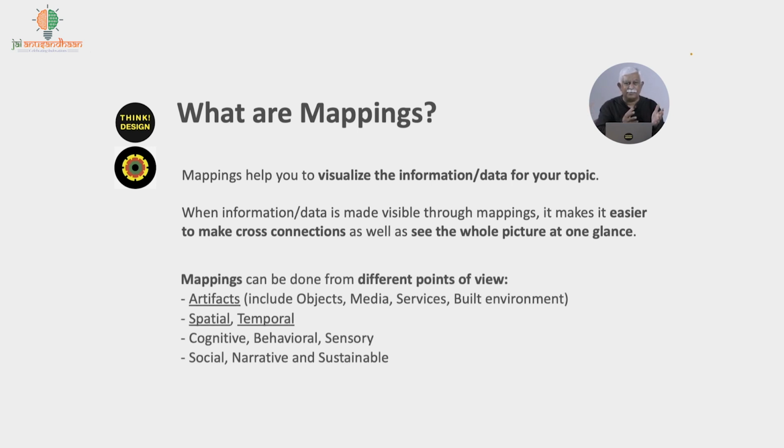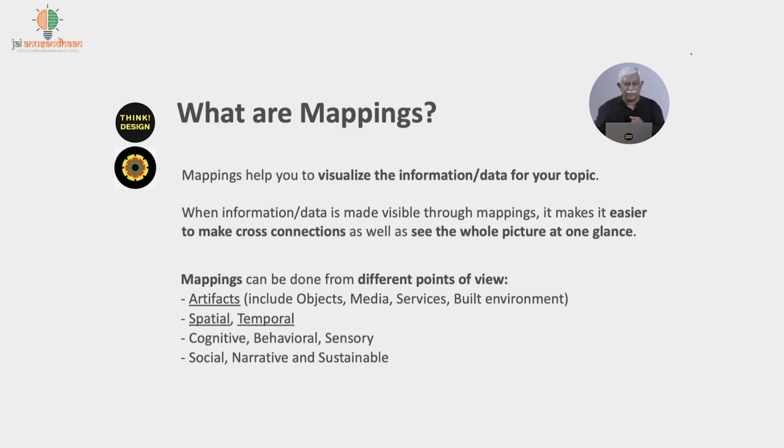So, for example, you can do it from an artifact point of view, which includes objects, media, services or the built environment. You can do it from a spatial dimension or a temporal dimension. You can also do mappings with respect to your cognitive, behavioral or sensory abilities. Also, it can be with respect to the social, narrative or sustainability factors.